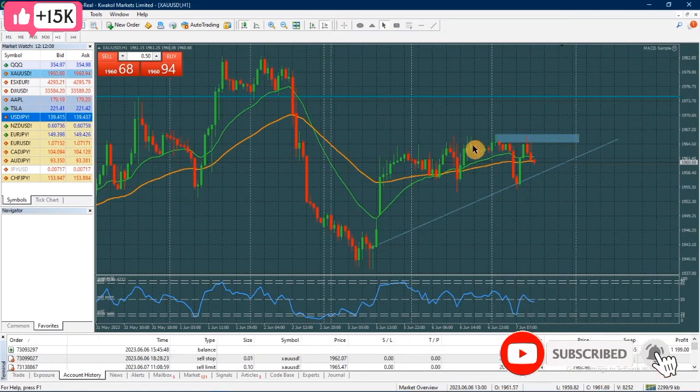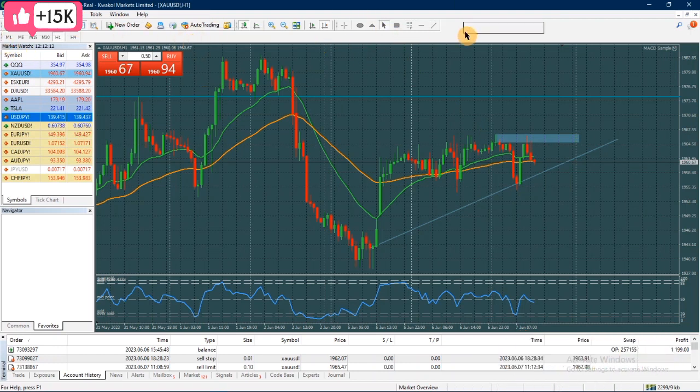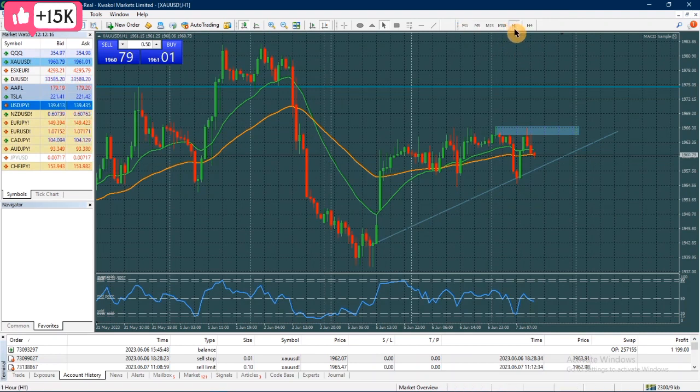Right here on my platform, I'm on the 1 hour time frame. All I have to do is identify the support or resistance level, and then I draw my trend line.